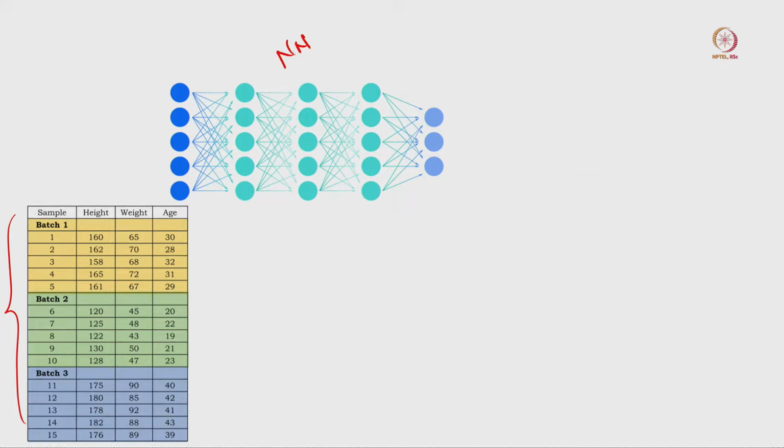Now, if you look into each of these batches, each batch has its own samples. Some sample values are very small and some are very large.